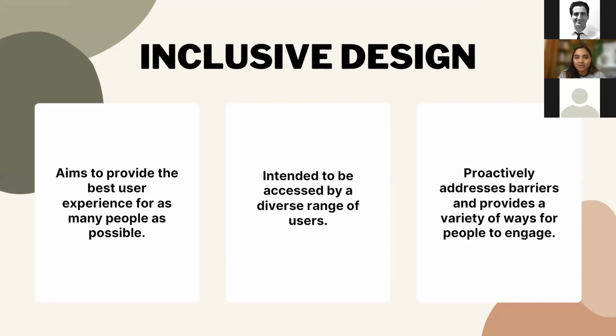When designing something with inclusion in mind, the goal is to proactively address barriers and provide multiple ways for people to engage. The more accessible your content, the higher your reach. So really, it's a win-win situation. If more people can access your work, the more people you'll be able to engage with.